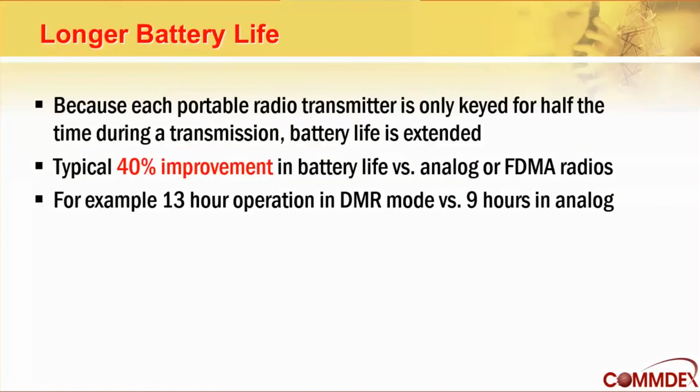And so it's typical to see a 40% improvement in battery life relative to FDMA radios. As a one-for-one comparison, the same type of battery that will support 9 hours in analog will actually take you to 13 hours in DMR.